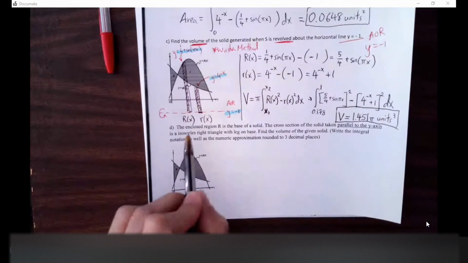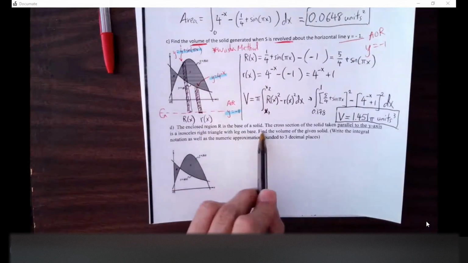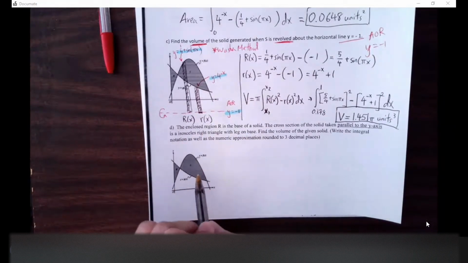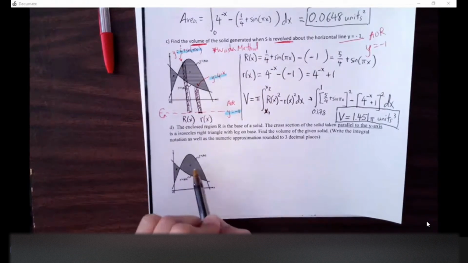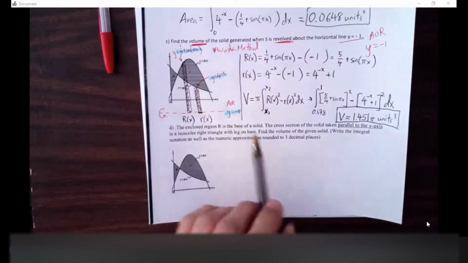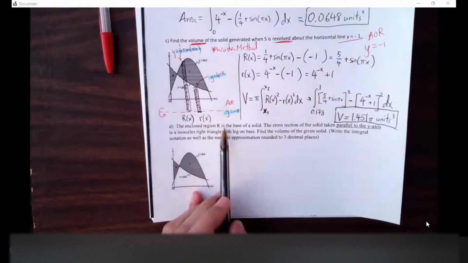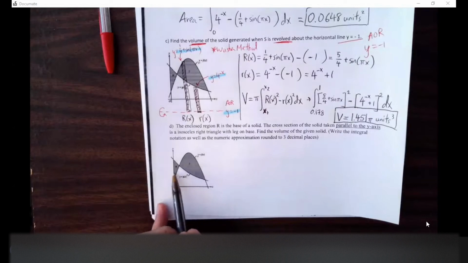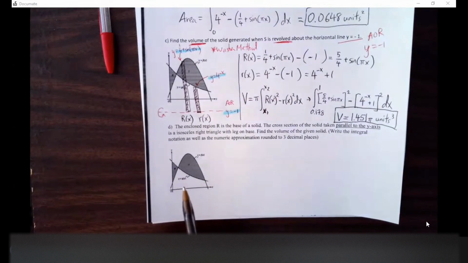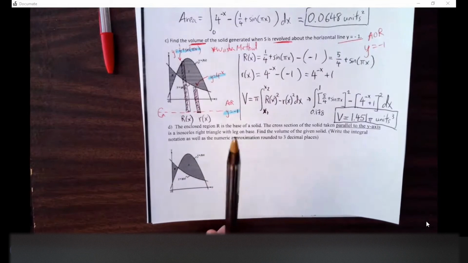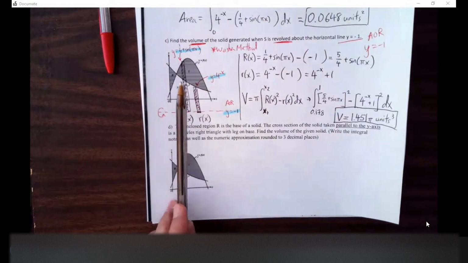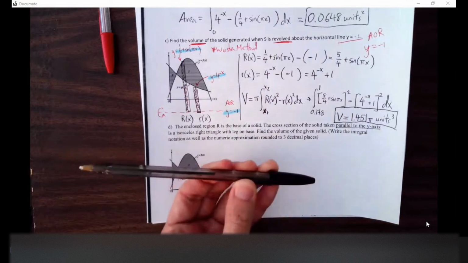Okay, same shaded region for part D, but now we're talking about cross sections. Now there's no rotation going on. We're just building different shapes on top of this shaded region. Once we identify our shaded region, in this case region R, the next order of business is identifying what orientation our base length is. Is it going to be vertical, or is it going to be horizontal?